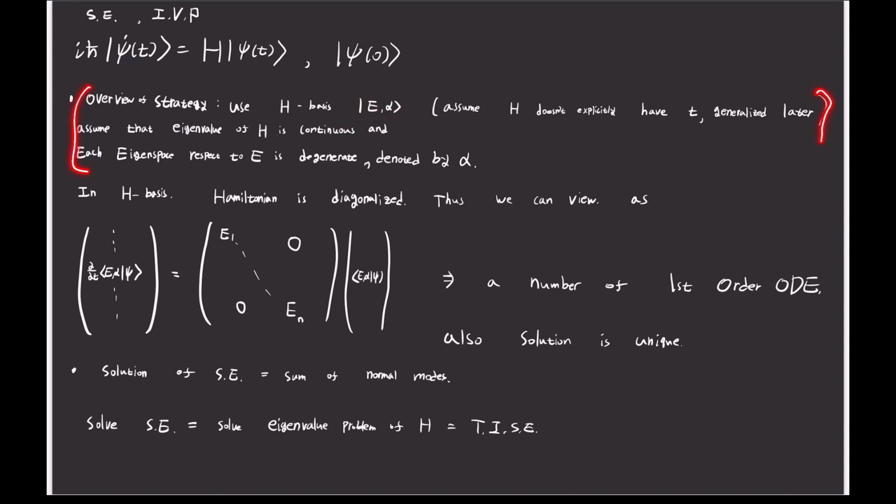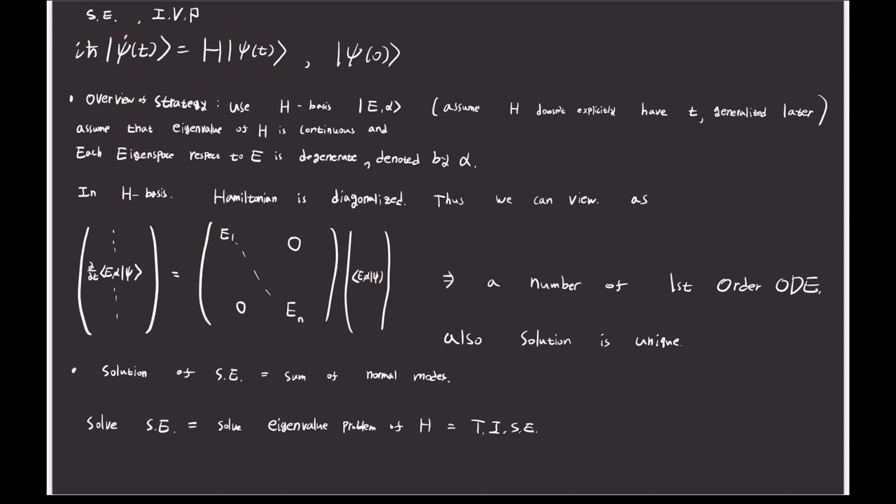And we typically use a basis to solve a vector problem, right? So we can rewrite the ket equation like a vector and matrix equation.